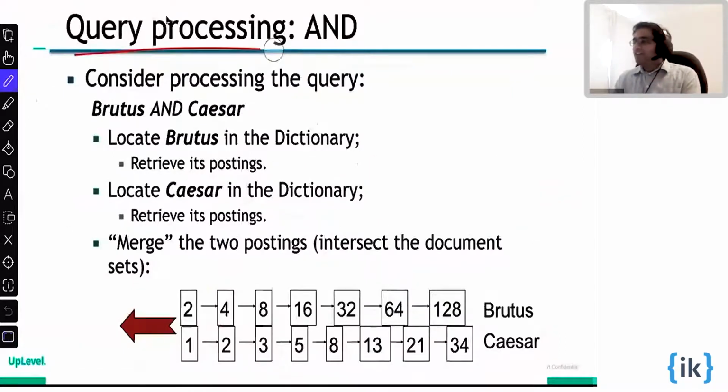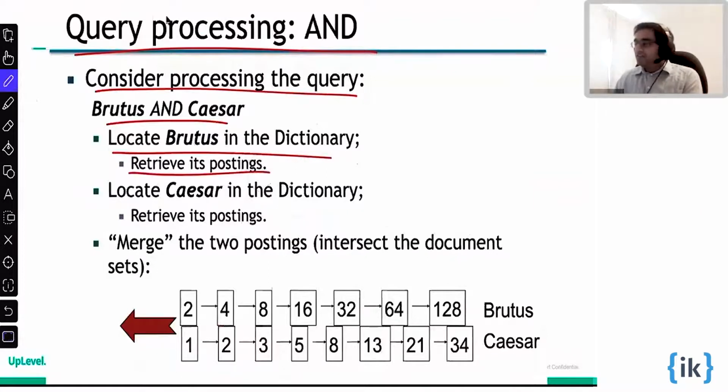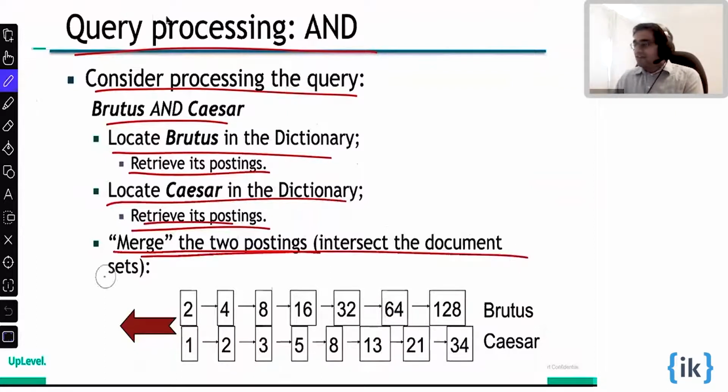And so when a query comes in, a query like Brutus and Caesar, what you do is you look up the dictionary and retrieve the postings list for Brutus almost instantly, retrieve the postings list for Caesar almost instantly, and then you're taking the intersection, right? You're not taking the bitwise AND. You want to find out which document IDs appear in both of the lists.